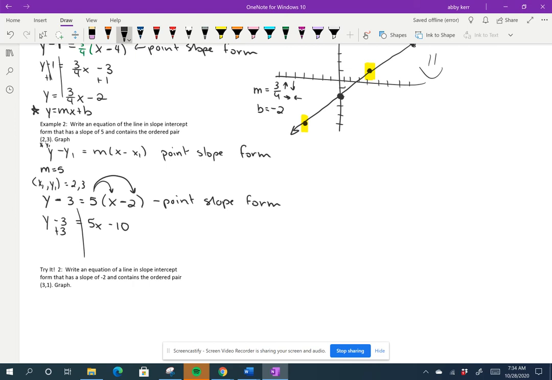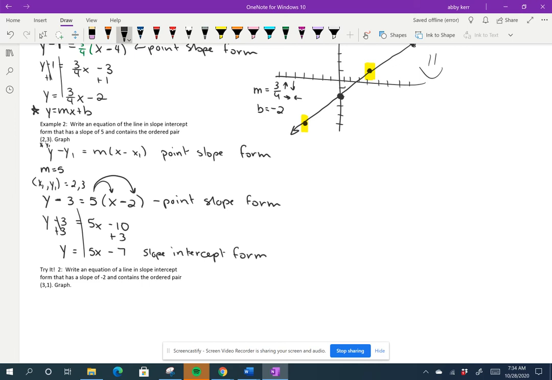Solve for y, we have plus 3 on both sides. So then we're going to have 5x minus 7. So then we now have it in slope-intercept form. And that's what we wanted.